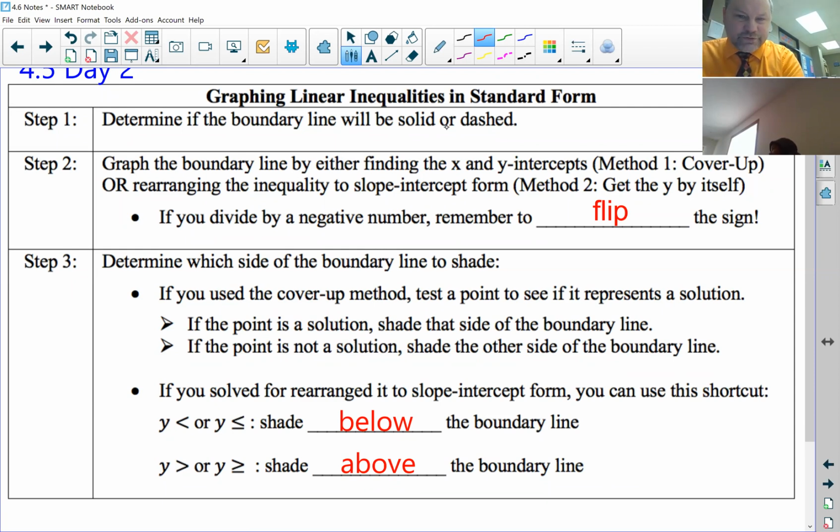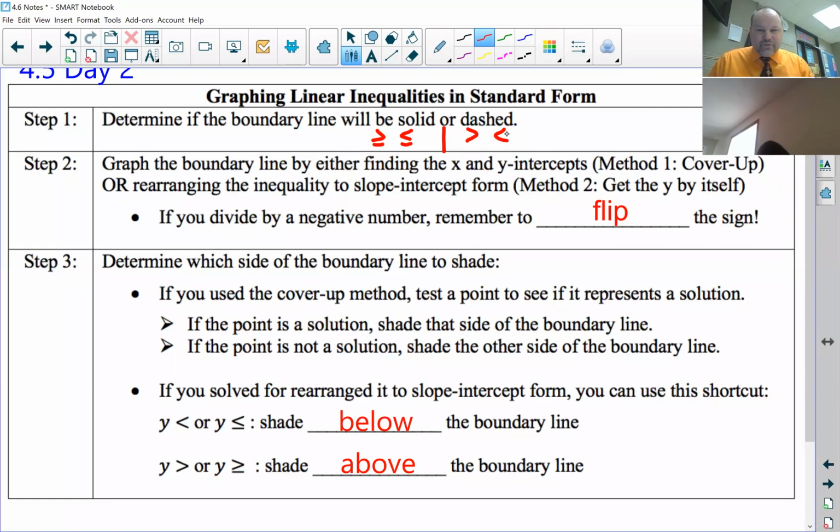So I'm going to just draw a line right here. If it is greater than or equal to, or less than or equal to, we'll graph with a solid line. If it is just greater than or just less than, we'll have a dashed line.